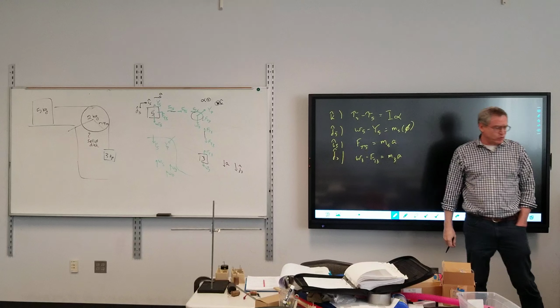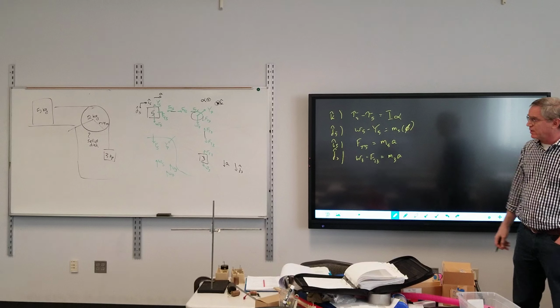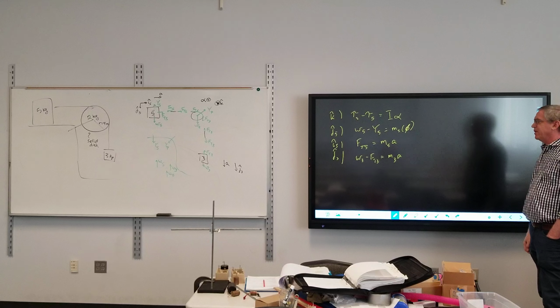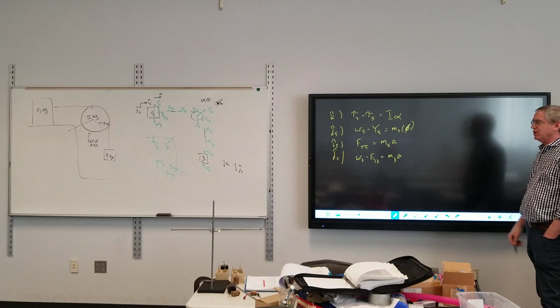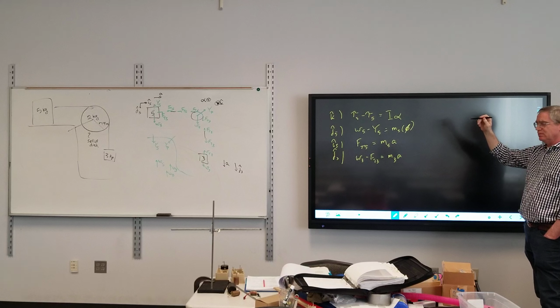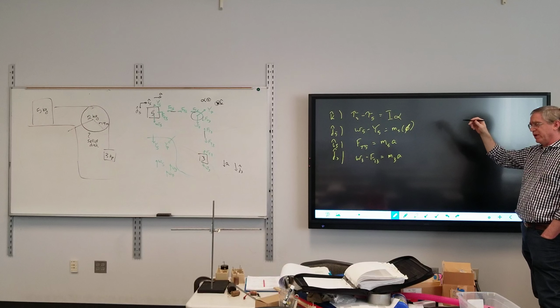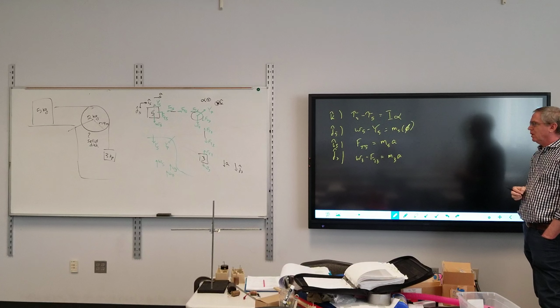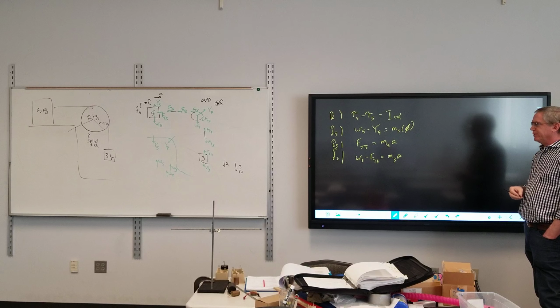And those A's are the same. If the rope is not stretching, then they will accelerate at the same rate. As well as that acceleration would be the tangential acceleration of a point on the outer edge of the pulley. All right, what's next? Substitution.